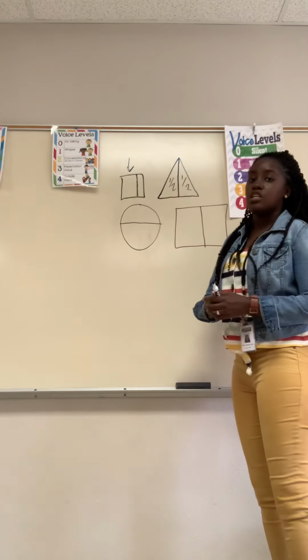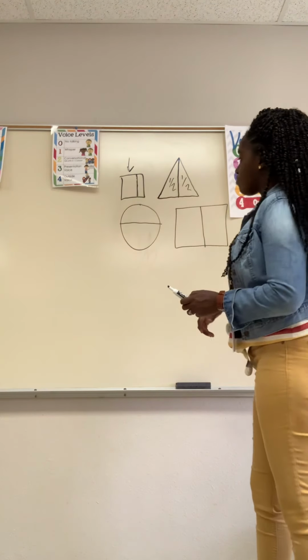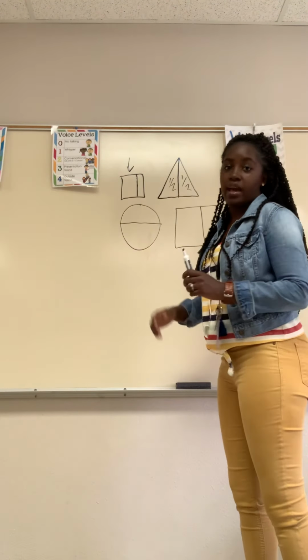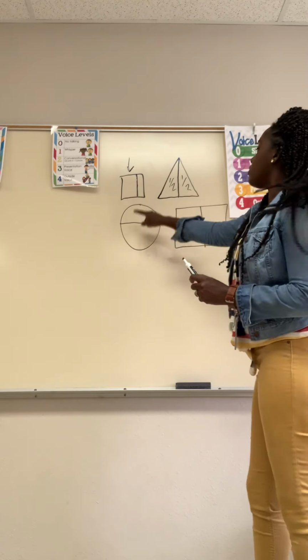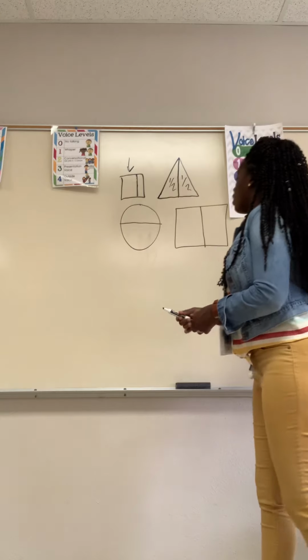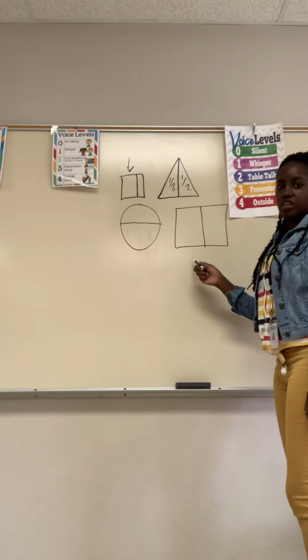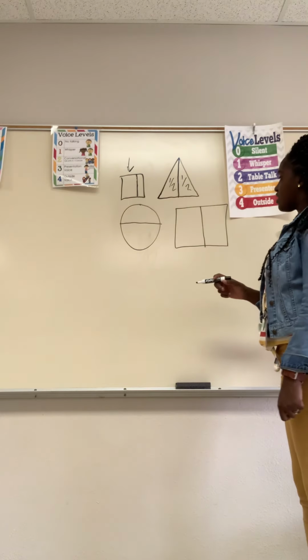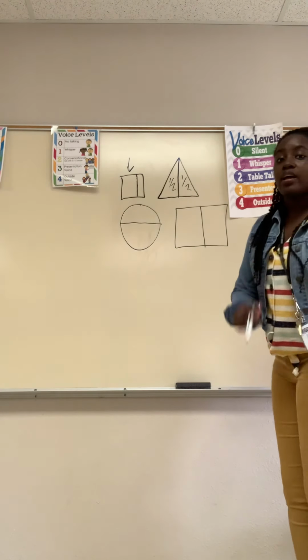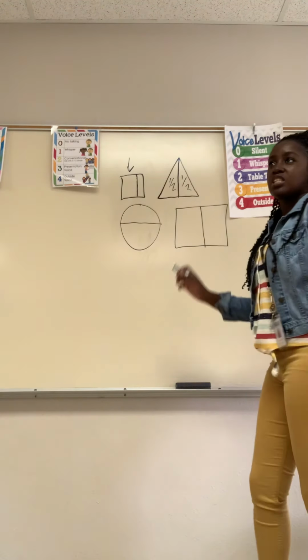What about the circle? Yes, it's a half. So you have a half here and a half here, which makes a whole. What about this one? Yes, it is. Okay, now, how can we switch this half to a fourth? How can we switch the 2 into 4?